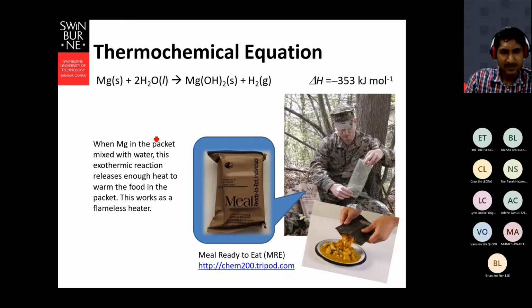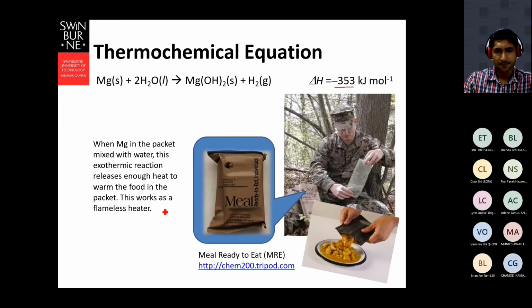There is magnesium inside, and this magnesium reacts vigorously with the water and produces a lot of heat, negative 353. That means quite a lot of heat. This heat is produced by adding water to the magnesium, and the food will be nicely cooked, like a ready meal. So this is one example.